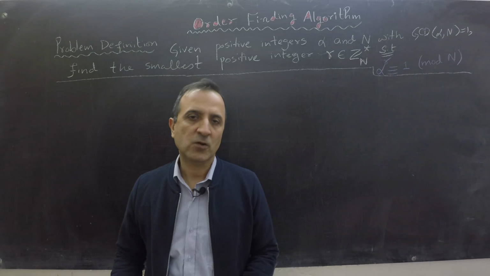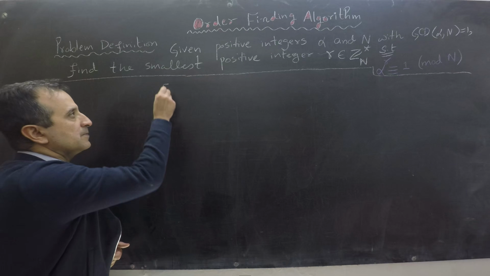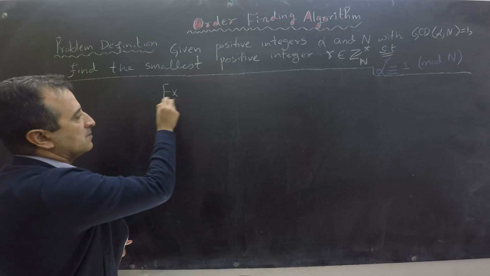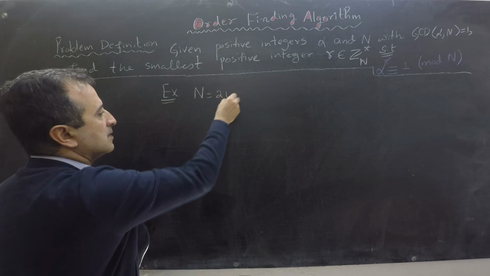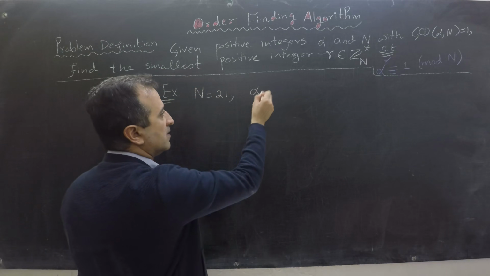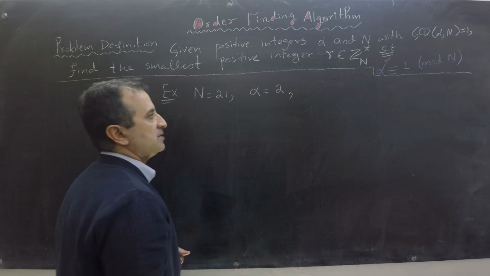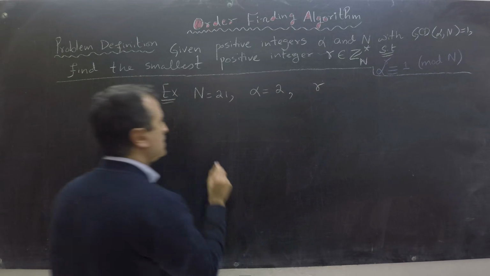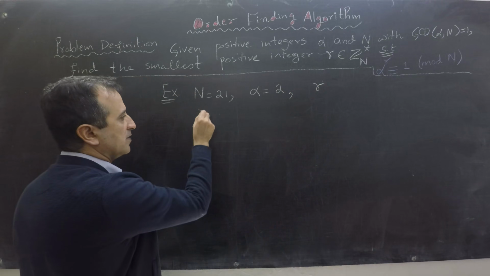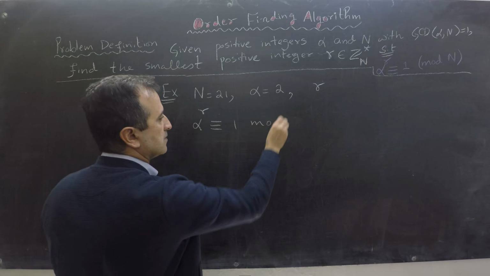Let's do an example to make our concept clear. In this example, my N is equal to 21, my alpha is equal to 2, and I have to find the smallest possible integer r such that alpha raised to power r is congruent to 1 in mod 21.